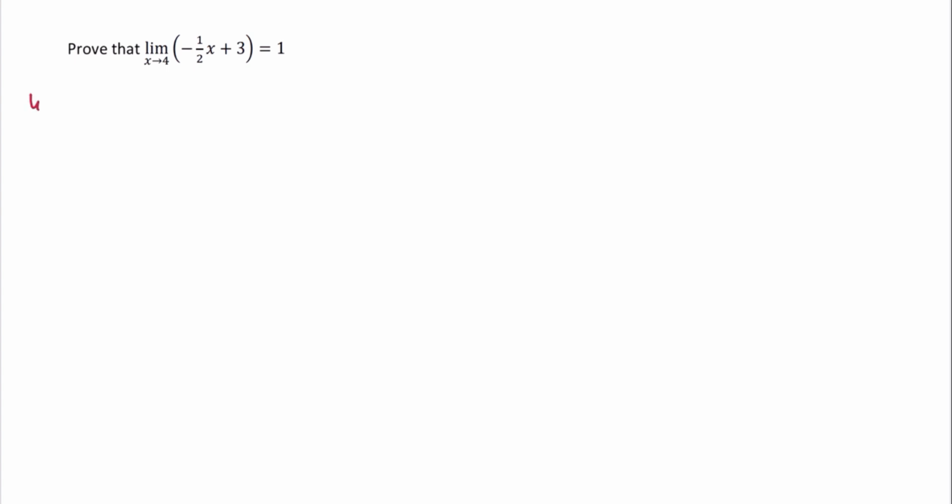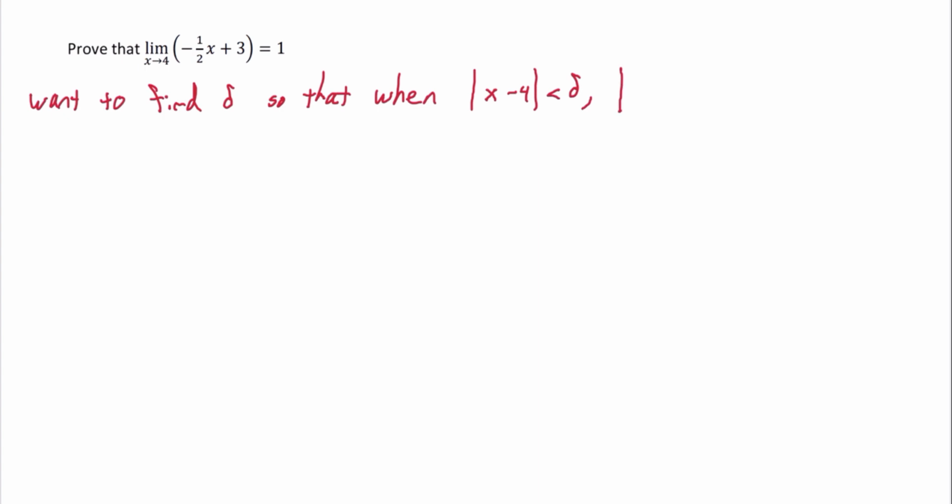So we want first to find a delta so that when the distance between x and 4 is less than delta, then the distance between the function negative 1/2 x plus 3 and our limit 1 is less than epsilon.